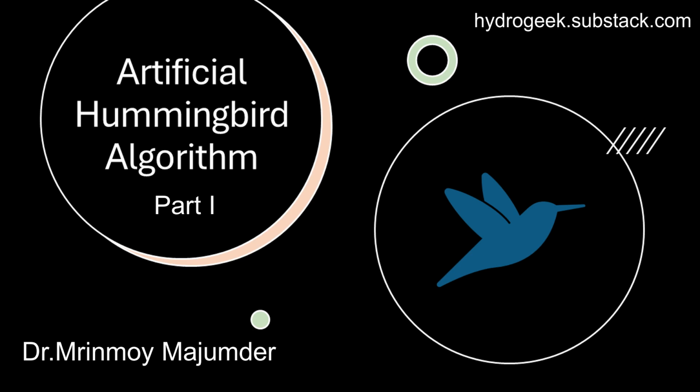So what happens? Suppose the hummingbird comes to that plant and drinks nectar from one flower. Then whenever that flower is visited, the other flowers which have not been visited are marked by incrementing the values of that table by one, right?